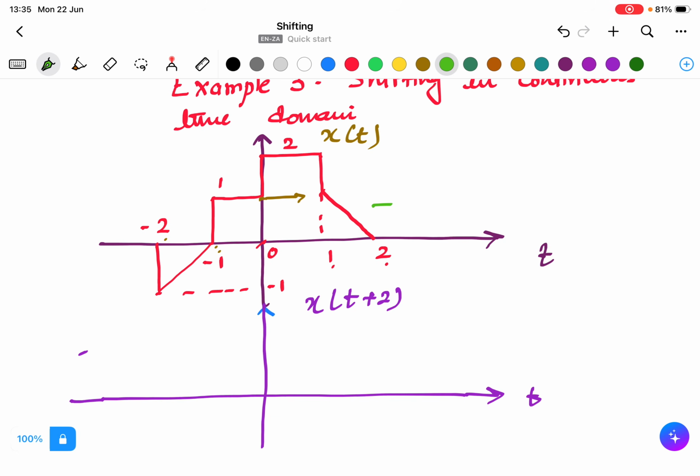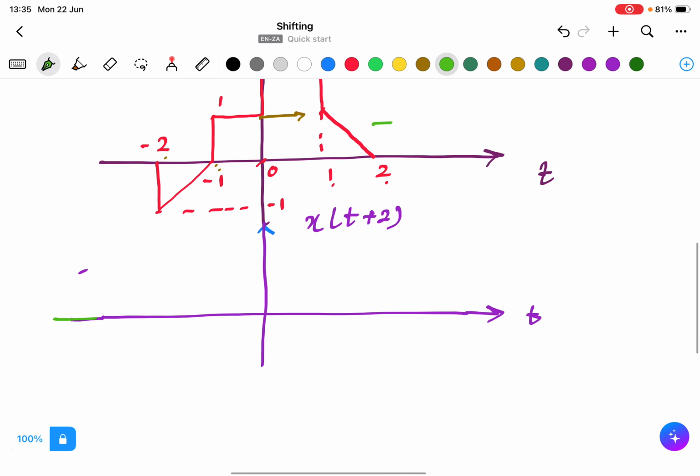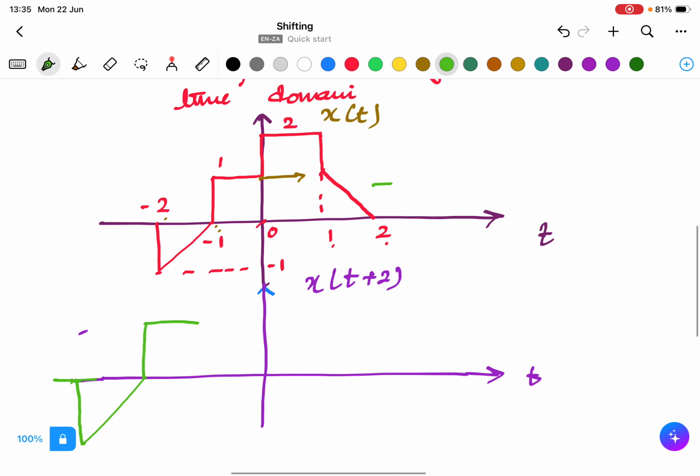So minus 2 will go to minus 4 and minus 1 will go to minus 3. Zero will go to minus 2.